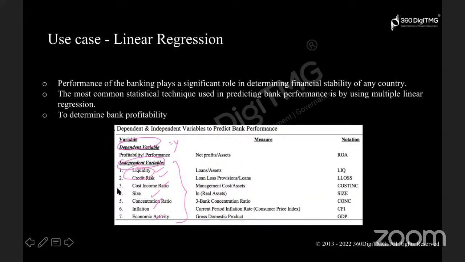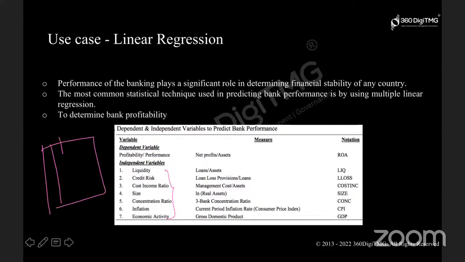Now if I take all these variables, the table looks like this: liquidity, credit risk, cost income ratio, size. I have taken data from different banks, and I want to know which bank has more profits, considering all the 7 variables which are the inputs for us. So how will your equation look if you are working with this?